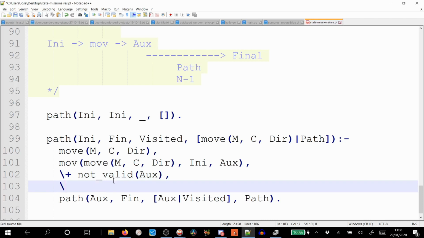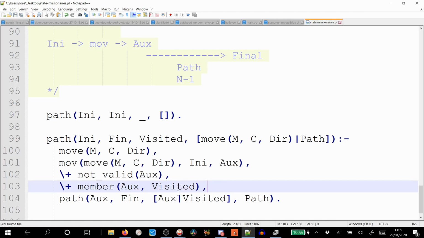But remember, aux not a member of visited. Okay, this is the problem here. I forgot to put that. The aux, the new state, has to not be a member of the visited states. You understand that?